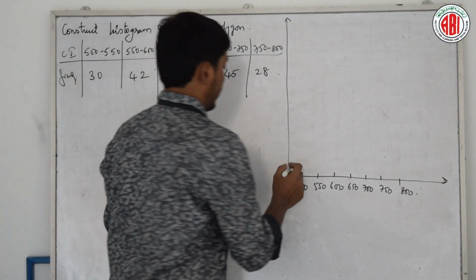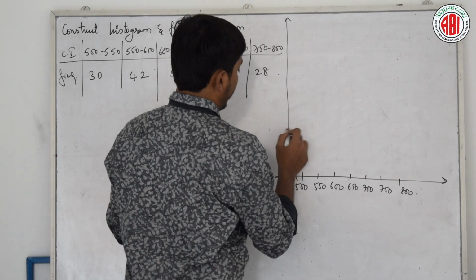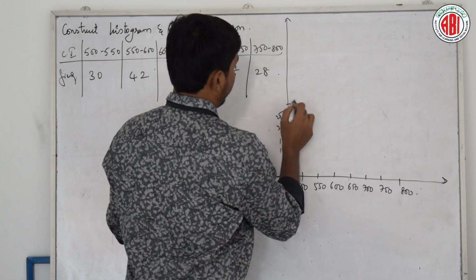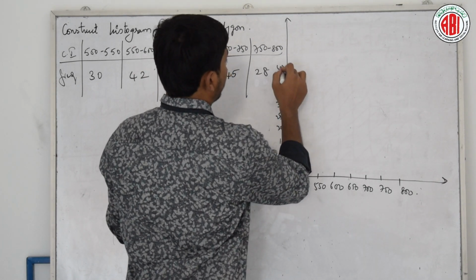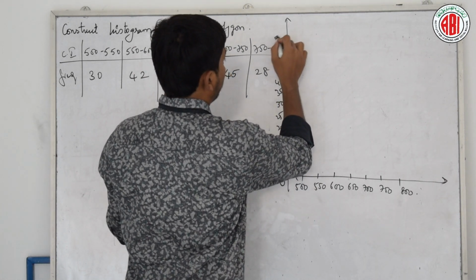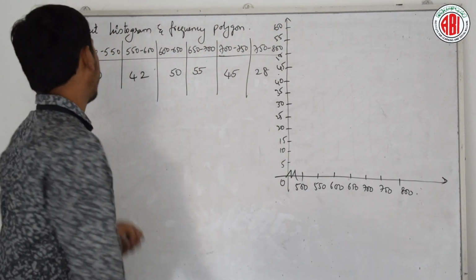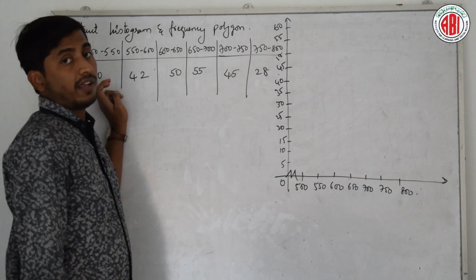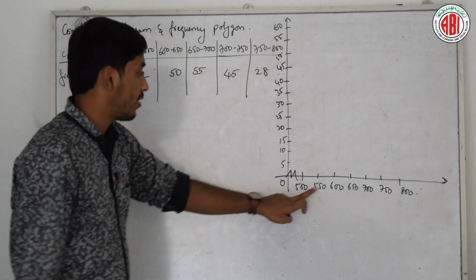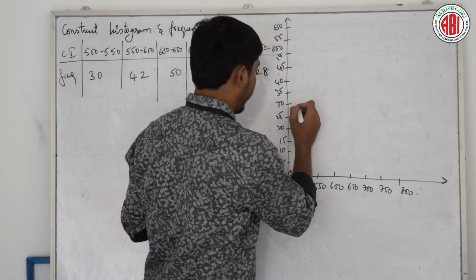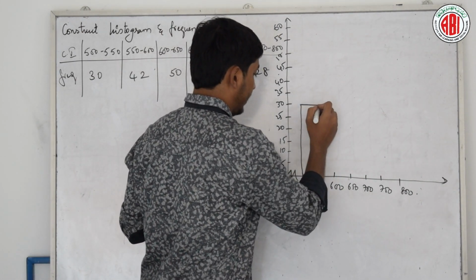See here, 5, 10, 15, 20, 25, 30, 35, 40, 45, 50, 55 and 60. Now from 500 to 550, what is the frequency given here? It is 30.